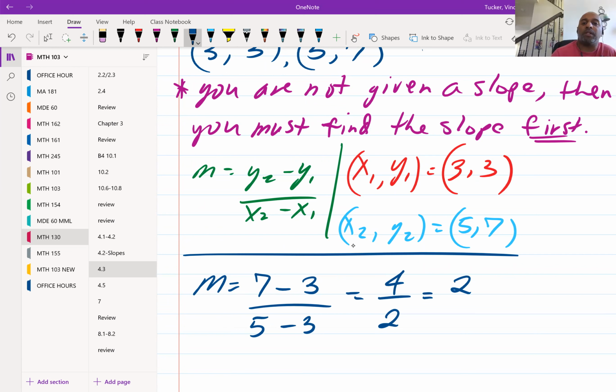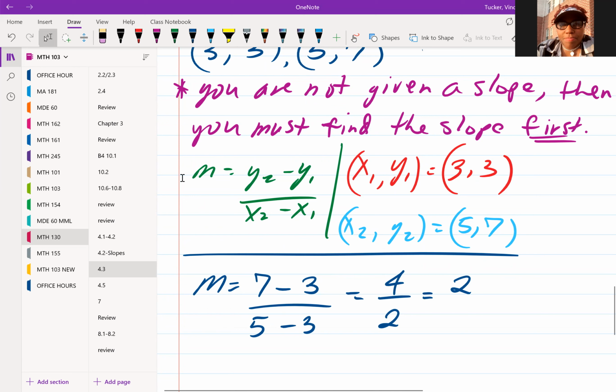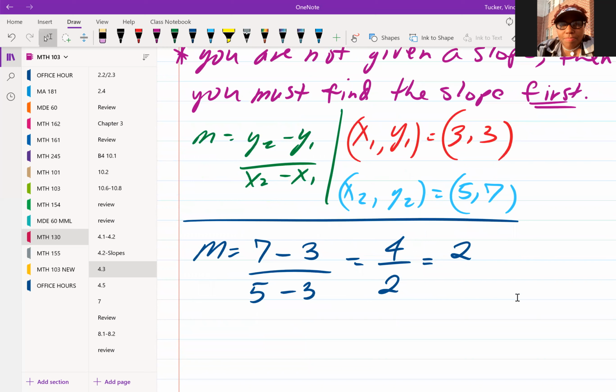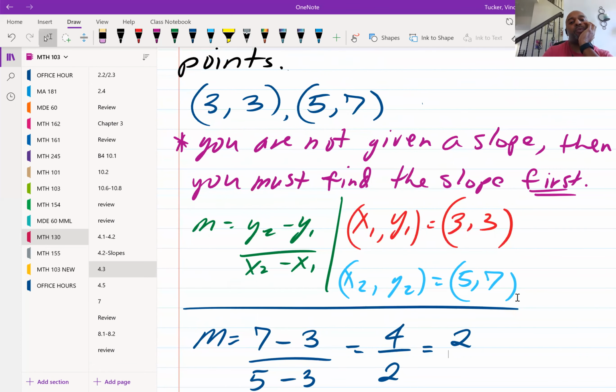Somebody have a question? I know somebody unmuted. Yeah, Professor, let's go over that so I can see it good. Okay, the formula is x1, y1, x2, y2. So we're finding the slope now? Yep, they didn't give us the slope. They just gave us 2 points.